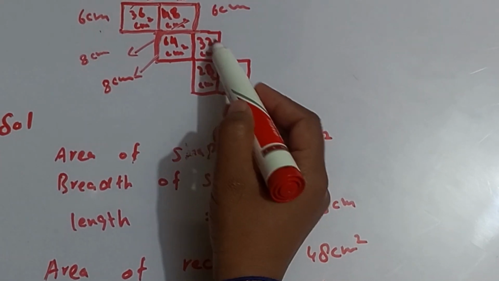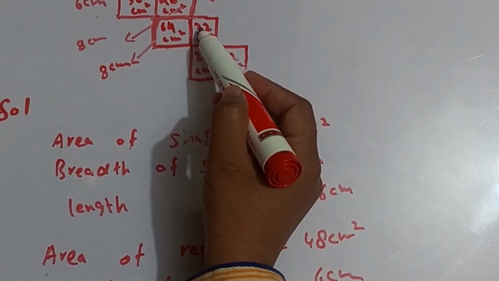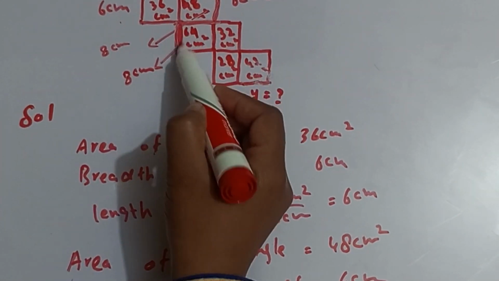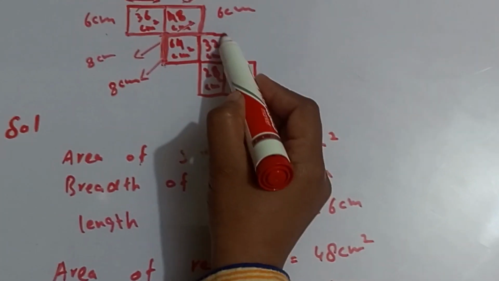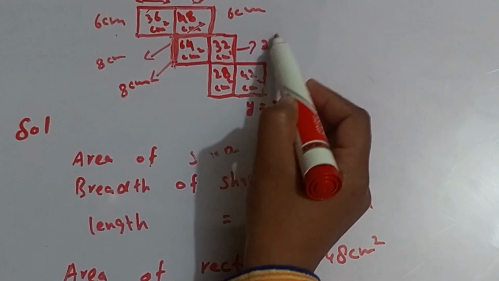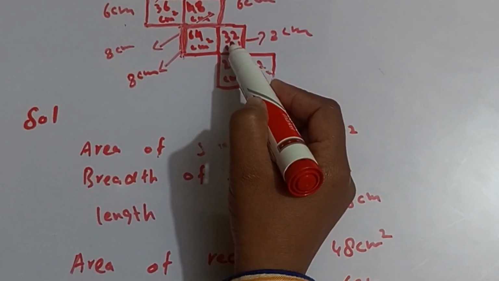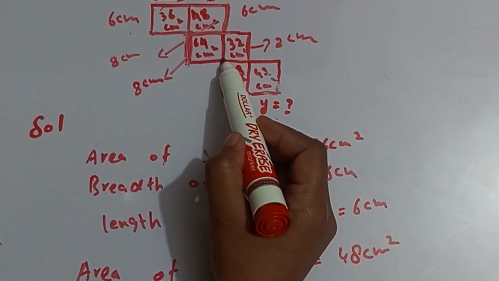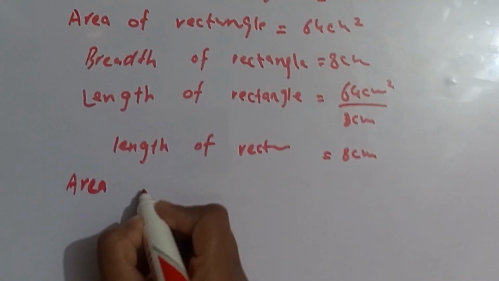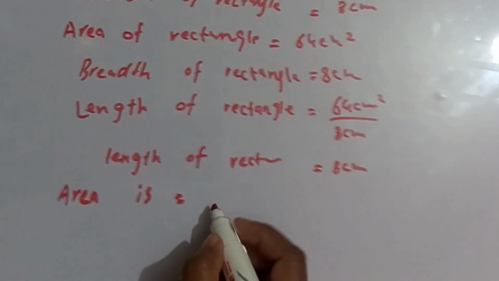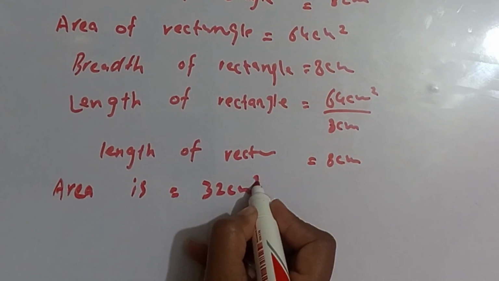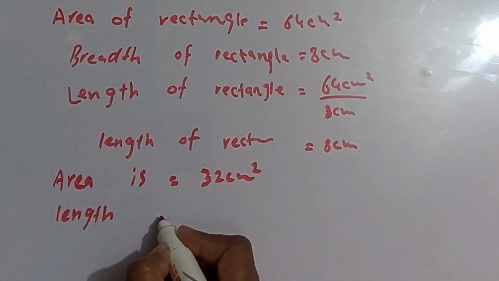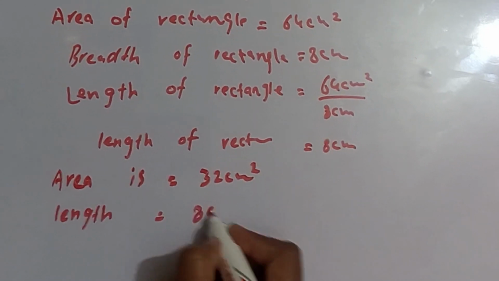Now look at this next shape. The area of this shape is 32 centimeter square. Focus on this length. This is 8 centimeter. This implies this length is also 8 centimeter, and its area is 32 centimeter square. Now we need the breadth. Area is 32 centimeter square, and length is given, which is 8 centimeter.